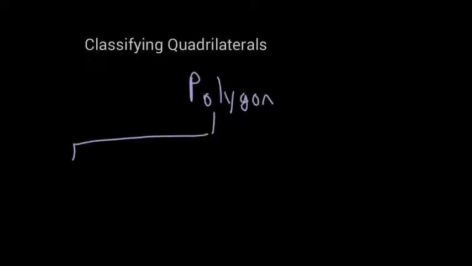So first we have, and I'm going to do this in pictures, triangles, three-sided. Then you have quadrilaterals, four-sided. Then you have pentagons, five-sided. Then you have hexagons.